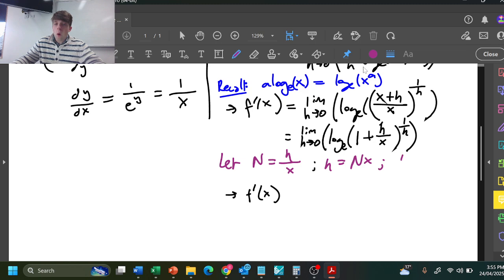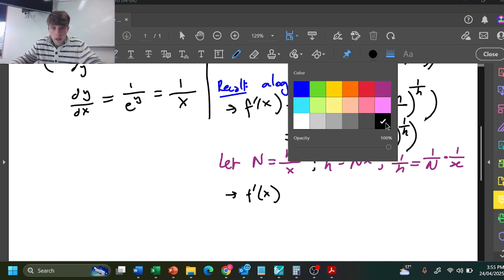So therefore, 1 over h is going to be equal to 1 over n times x. And we could also write 1 over nx as 1 over n times 1 over x. You'll see why I've done this in just a minute.